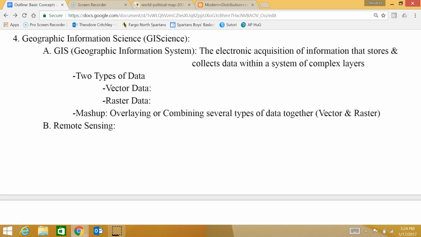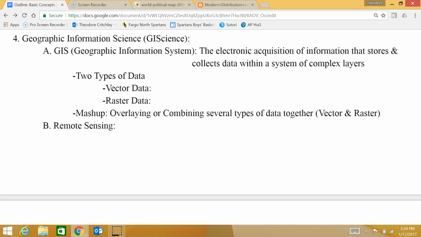And we're usually using some electronic technology for that. So it's the electronic acquisition of information being analyzed and acquired about the Earth. So the acquisition and analysis of data about the Earth is kind of what we want you to put down for GIS right there.